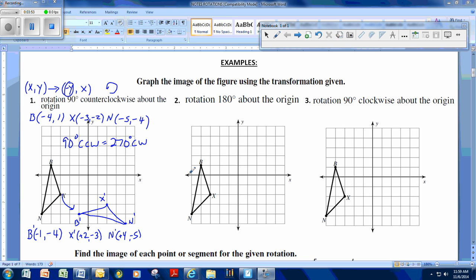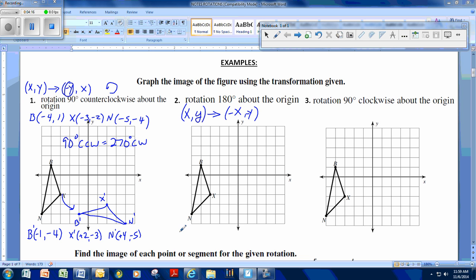Okay, let's try the next one. Now we're going to rotate the pre-image 180 degrees. For 180, the direction does not matter because it's going to end up in the same spot. So the rule for 180 degrees is taking the original coordinates and just switching their signs.